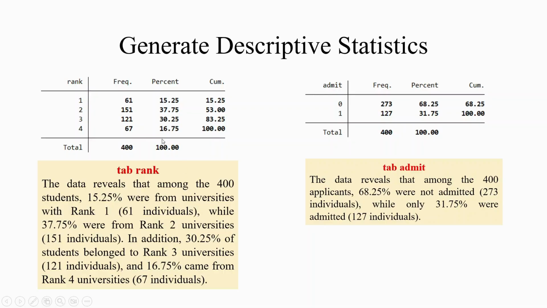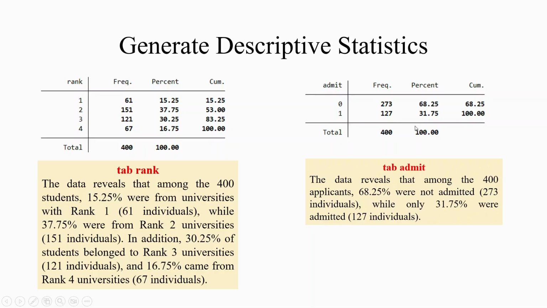In addition, 30.25% belong to rank 3 universities, and 16.75% came from rank 4 universities. So this is basically the applications which we have received. How many got admitted? Only 31.75%, that is a total of 127 individuals.